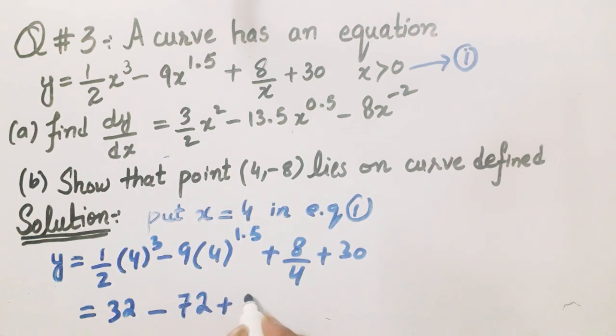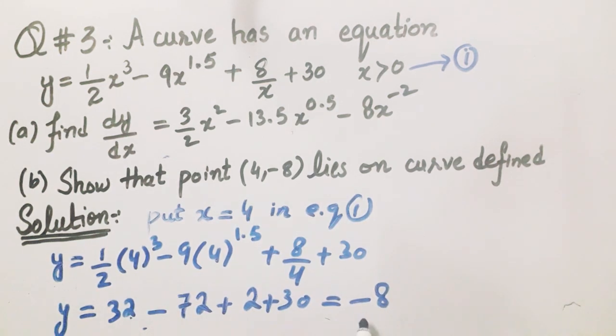So minus 72 plus 2 plus 30. So this will be equal to 32 minus 72 is minus 40, then minus 40 plus 2 will be equal to minus 38. Minus 38 plus 30 will be equal to minus 8.